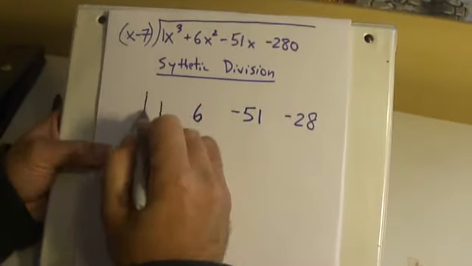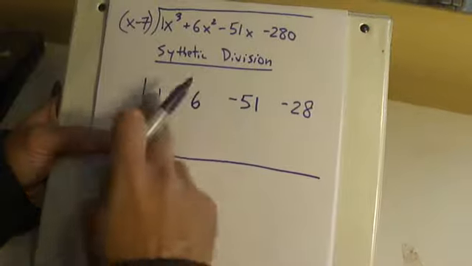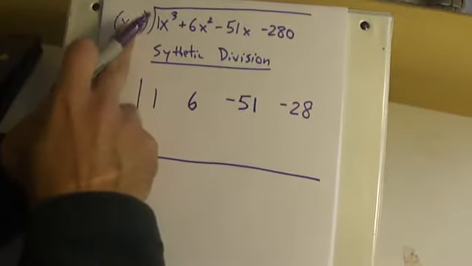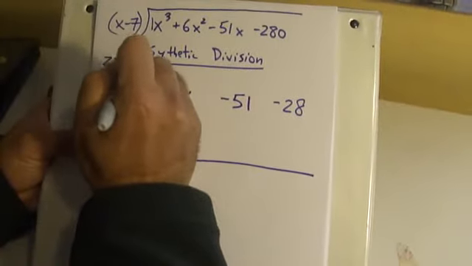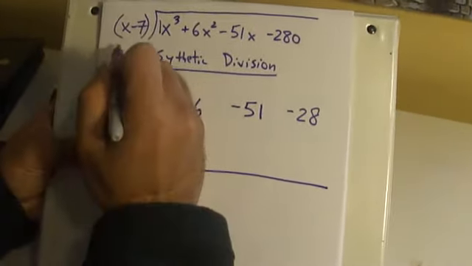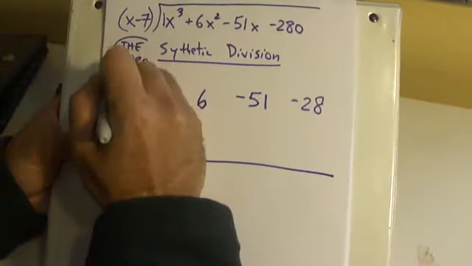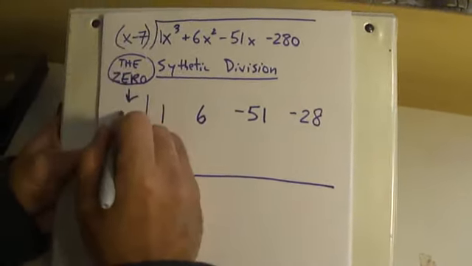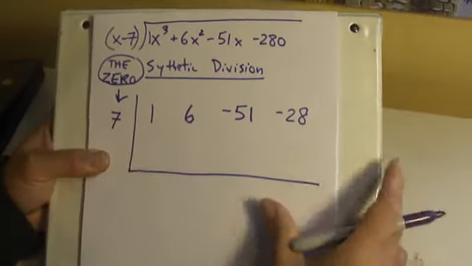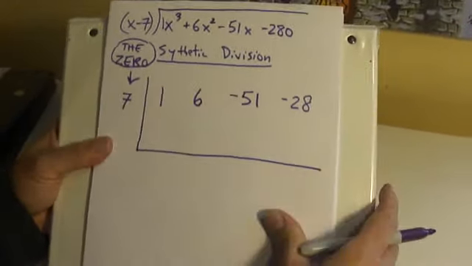And here's what we do. Put that down there. And now, since the factor is x minus 7, the 0 is what we're going to put right here. What's the 0? We said if x minus 7 is a factor, the 0 is 7. So now we're in business, we're ready to go.